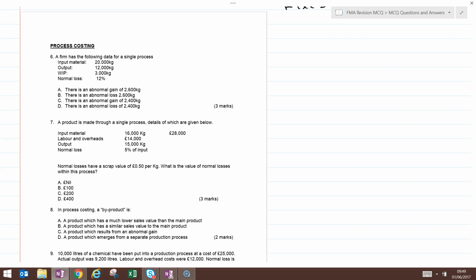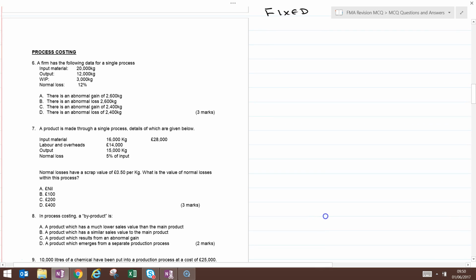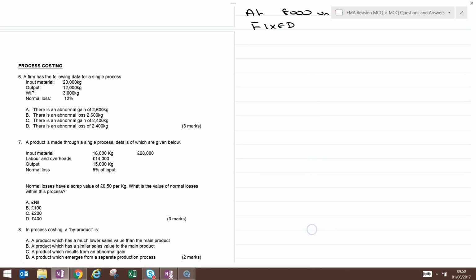Now we're going to look at the process costing multiple choice questions. In question 6, we've been given some data for a single process. We've been told what the input is, the output, the work in progress and the normal loss. And we're asked to work out any abnormal gain or abnormal losses. With your process costing questions, the physical flow is very useful.